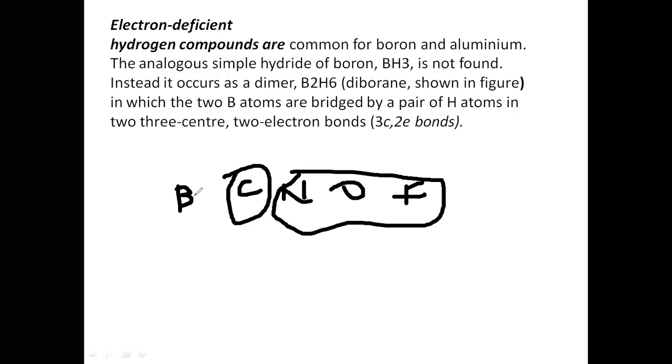Because if you see, the boron atomic number is 5, so 2, 3. So you see there are only 3 electrons in the last shell of boron. So boron can form only 3 bonds.